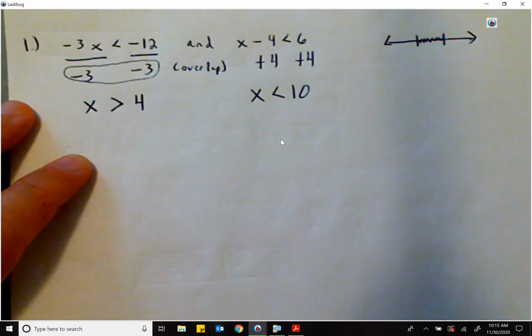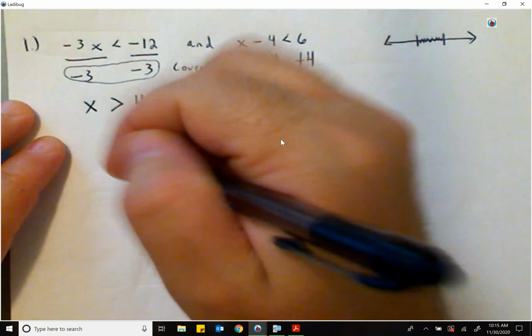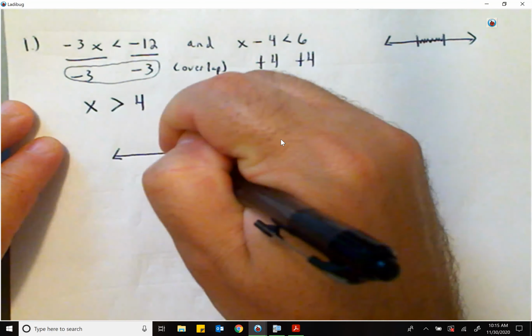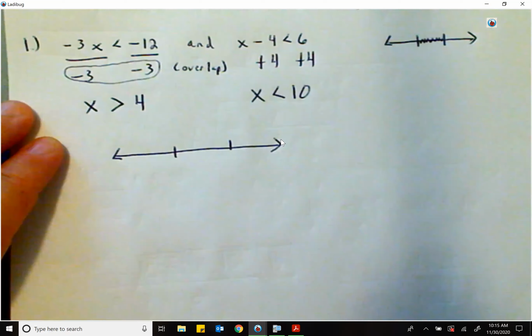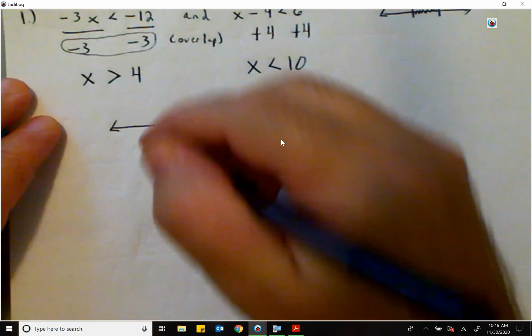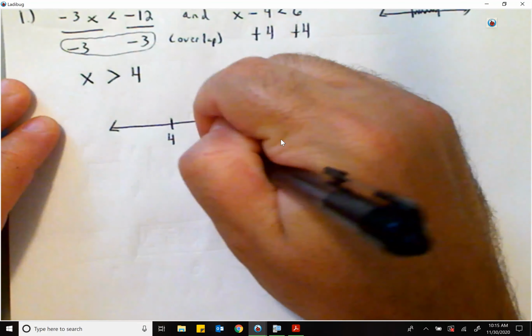Good. So now if we draw these real quick, I make my number lines really simple. I just worry about the two numbers. So we have a 4, that's our smallest, and then we have the 10.